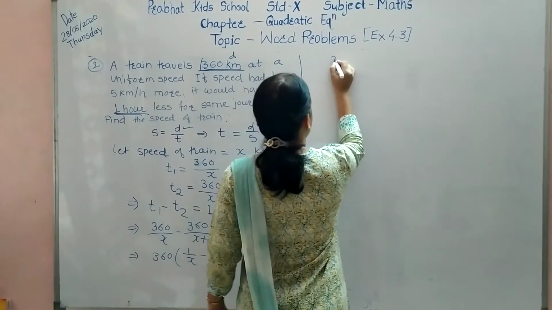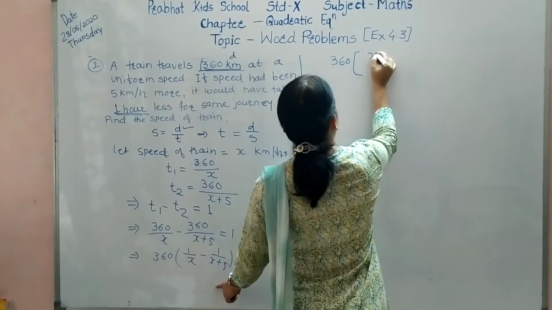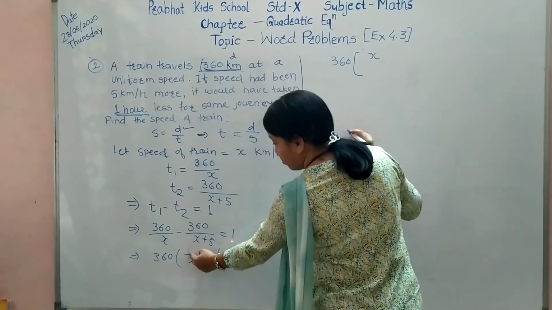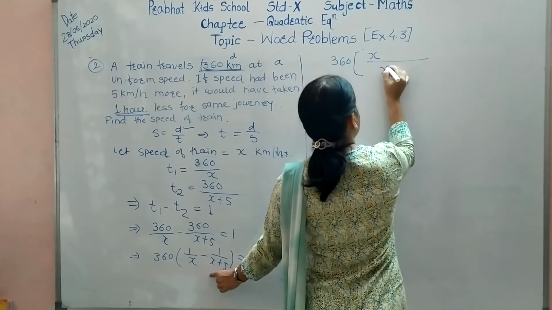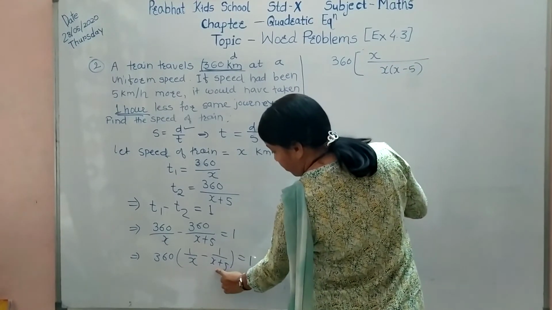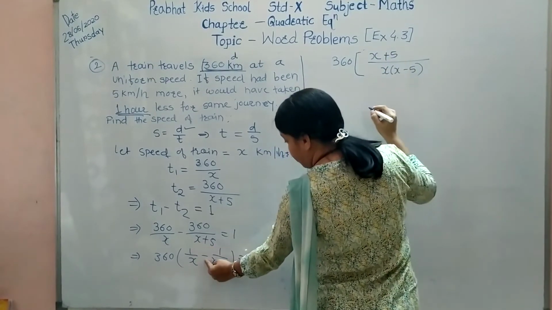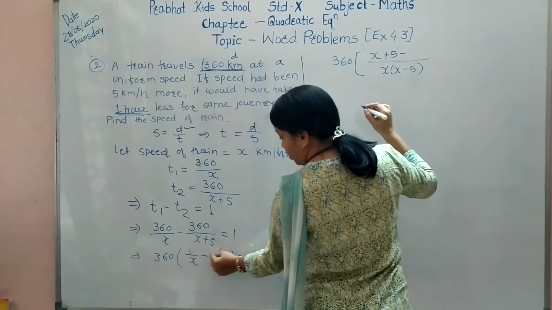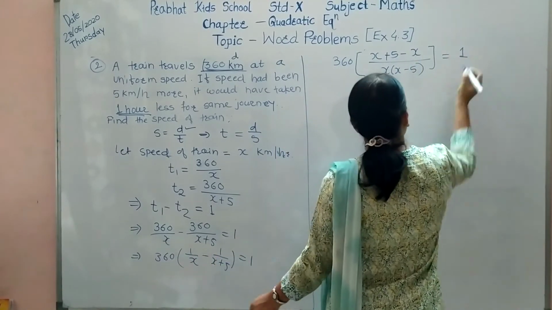Now solve this. Taking the LCM, which is x into x plus 5, we get x plus 5 minus x, equal to 1.